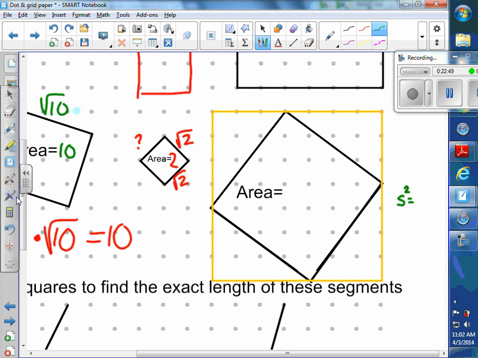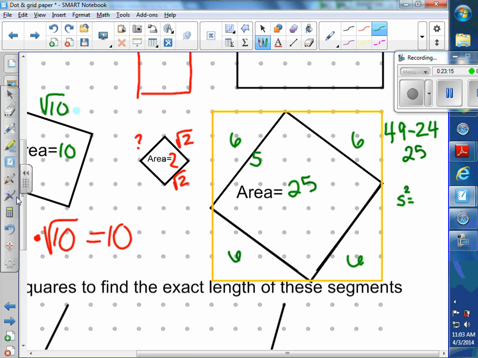I got 49. 49, right? And then this was 24? Yeah. So take away 24, equals 25. 25, right? So this happens to be 5. It's actually 5. It can be an integer number.